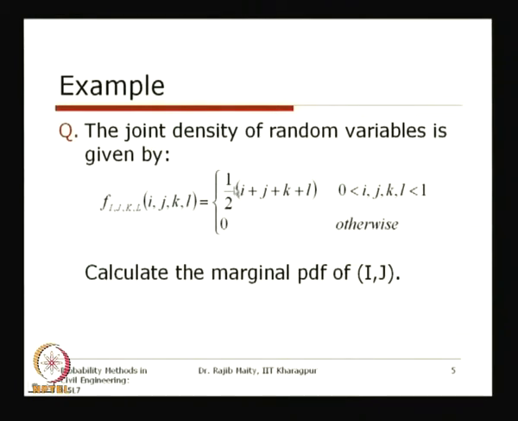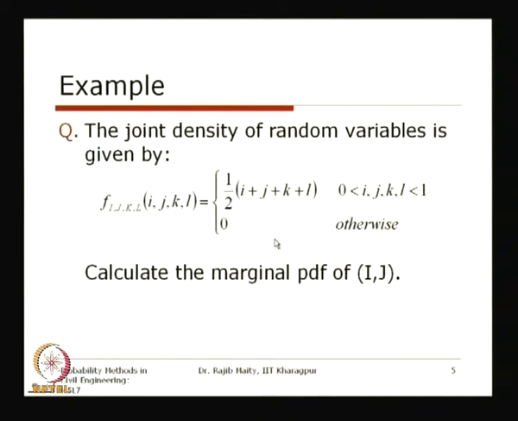So this is half into i plus j plus k plus l, where all these random variables have the range from 0 to 1. Now if this is the case, we are interested to know the marginal PDF of i and j. So we have to just integrate out k and l over their entire range, which is 0 to 1.